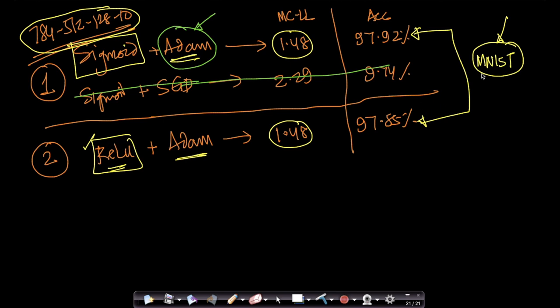But in practice, because MNIST is a very simple data set, it's not as complex as, let's say, image-based object recognition, or detecting cancer in images and things like that, you may not notice a significant difference between sigmoid and ReLU. But I'll show you something very interesting here, right?